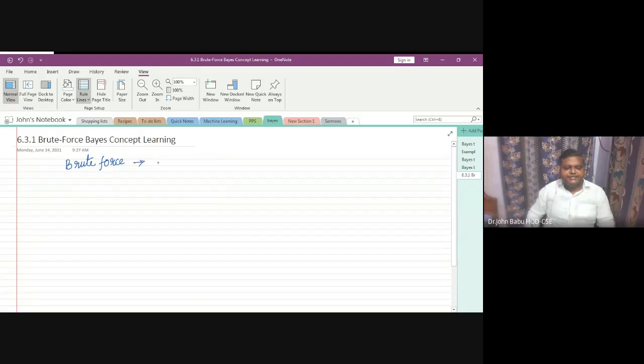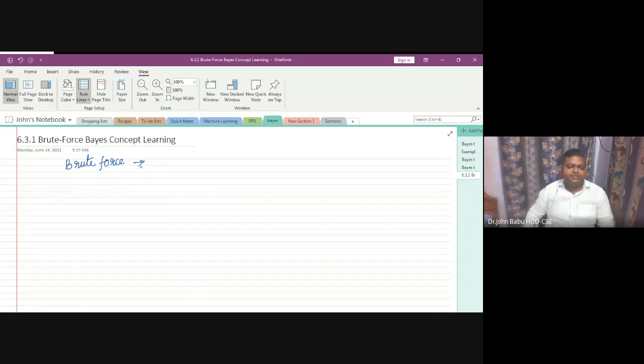Brute force is without any technique. For example, you are searching for a student in a college. You go to the principal and ask, I want to see so and so candidate. Generally we will ask his roll number, which branch he belongs to, which class. Then we go to one class among the 20 classes, and see whether he is a boy or a girl. If he is a boy, we search among boys, and we can find him easily.